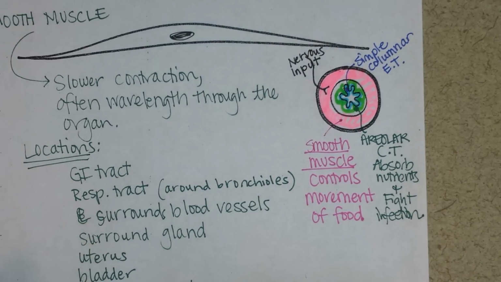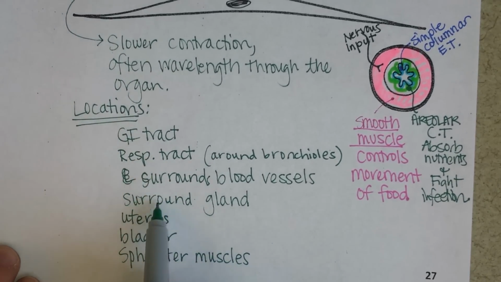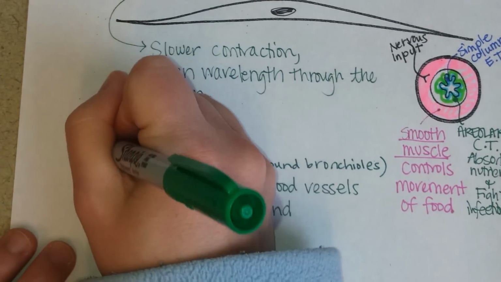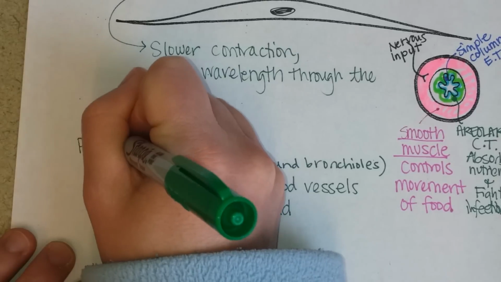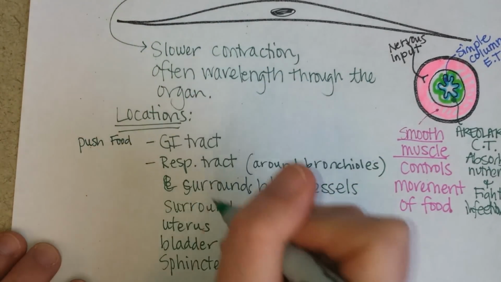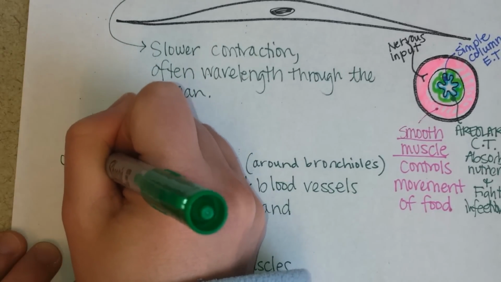Then the last thing I want to do on this page is just think about why do you need the smooth muscle in all of these locations. So the GI tract, the smooth muscle will push food through. I'll kind of mention that right now. So pushing food. The respiratory tract has smooth muscle around the bronchioles, so it controls airflow into the lungs.